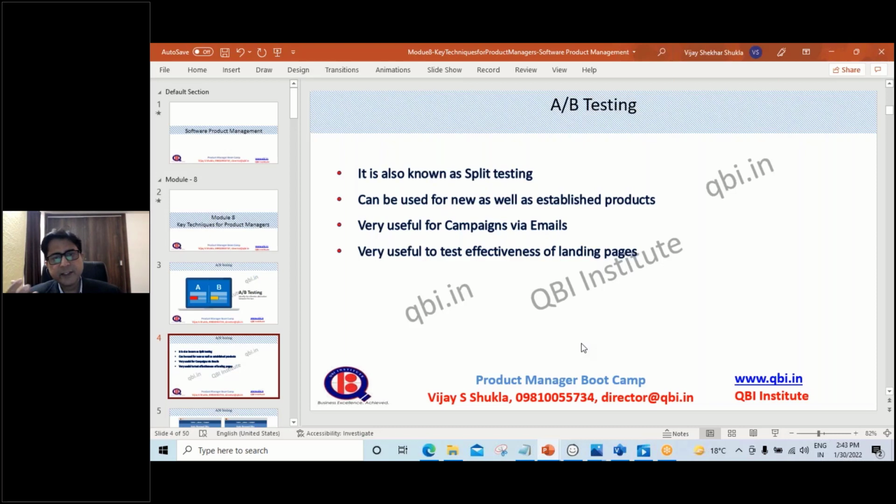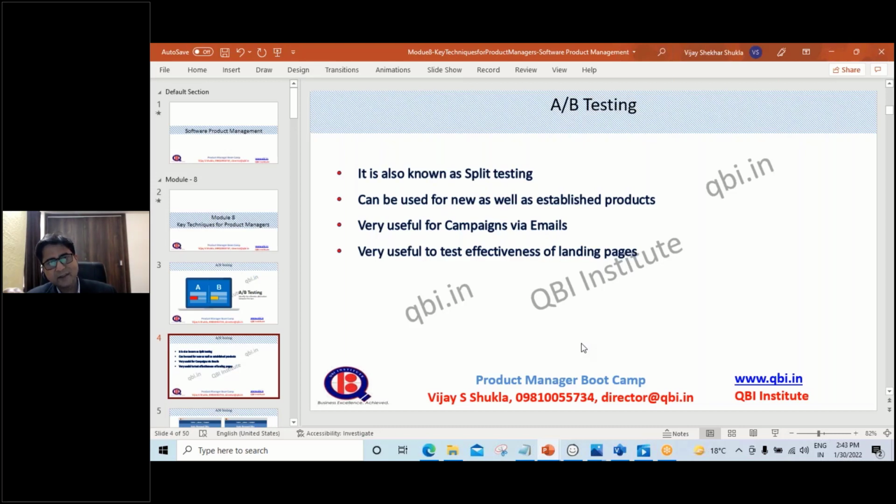It is also very useful to test the effectiveness of landing pages. Say we run a campaign. When we run a campaign, our job is to convert, say, after a click-through campaign or a PPC, pay-per-click advertisement on Google. We take the prospective customer to our landing page. Our intent might be to sell. Our intent might be to capture a lead.